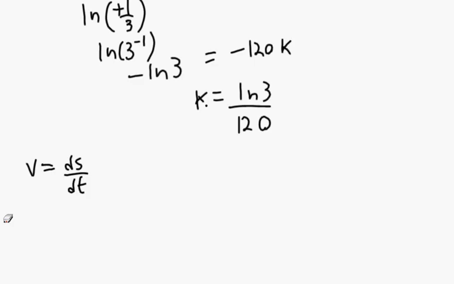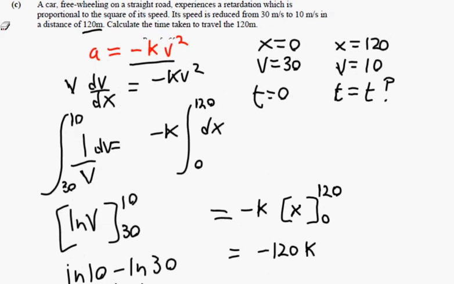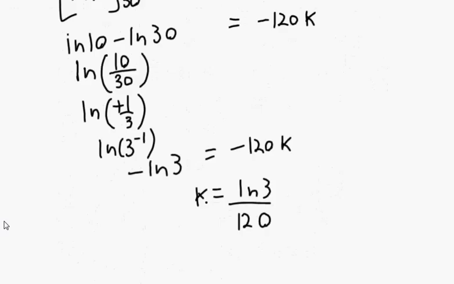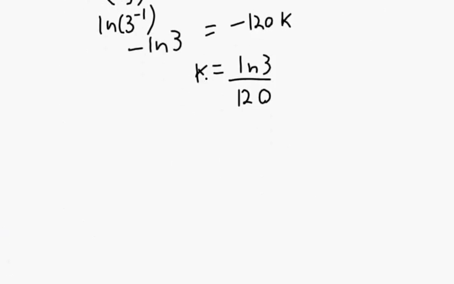Does that link it in? No. We're not going through it that way. What we're going to do is go back to the very top. Acceleration equals minus kv squared. And this time we're going to use the variable t. So dv dt equals minus k v squared.